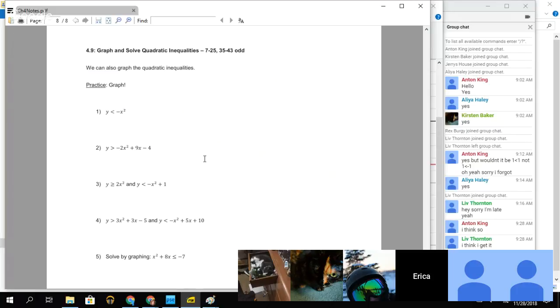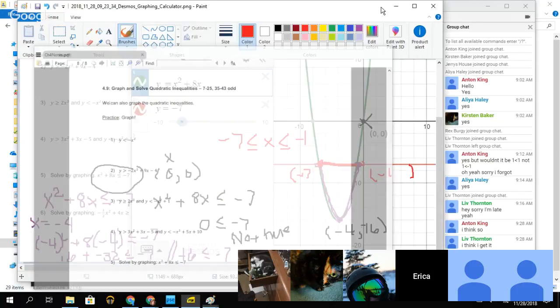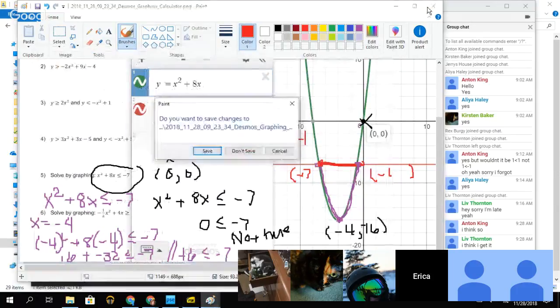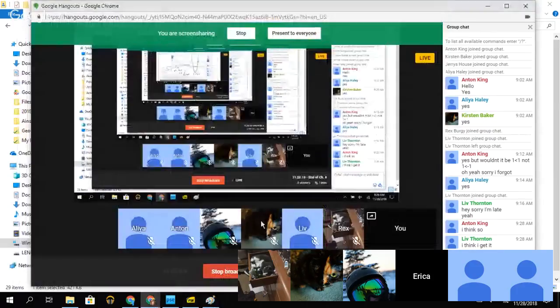Okay, so let's do number 43 from your homework. Okay, so 35 through 43 says solve the inequality by graphing. So if you don't have your book, it's okay. I'll pull it up on here.